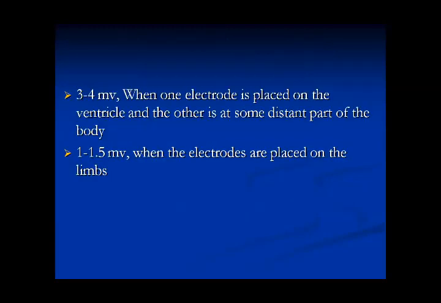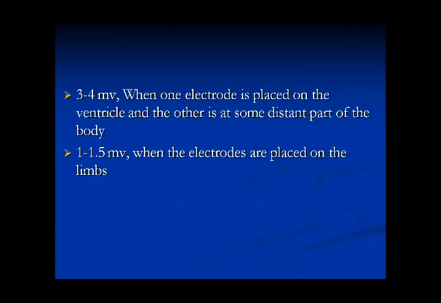Now, if we place one electrode on the ventricle, that is on the skin, on the superficial part of the body, and the other at some distant part of the body, can be a limb, right? So the magnitude of the QRS complex would be 3 to 4 millivolts.